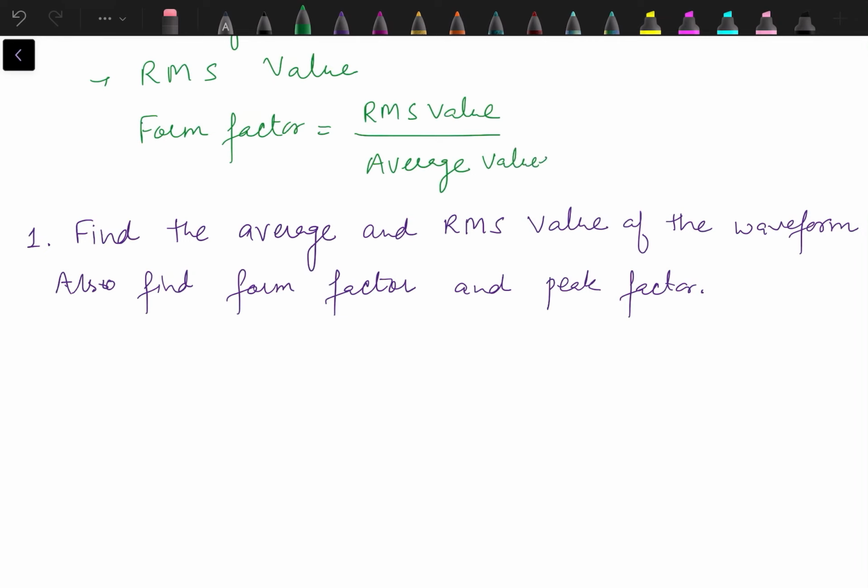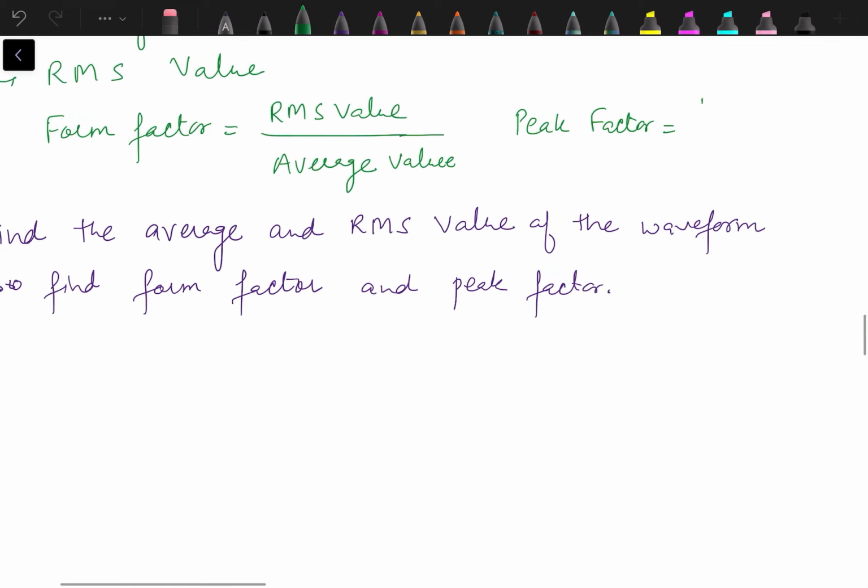For any waveform, if we take the ratio of RMS to average, that is known as form factor, while the peak factor is the ratio of maximum value to RMS value. So depending upon the average value, RMS value or maximum value, we will have the peak factor and form factor different for different waveforms.